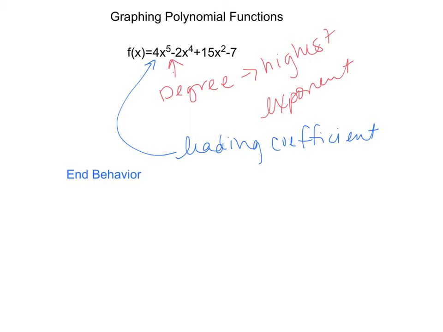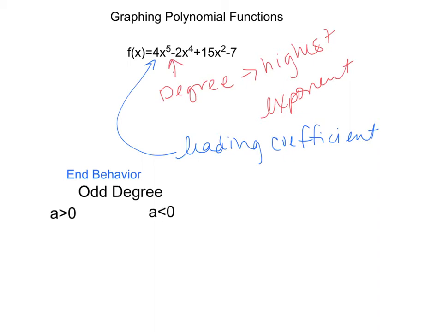Okay, end behavior is going to derive our function. That's really going to show us what it is that we're looking for. And we're going to be using the degree and leading coefficient in order to come up with that. And we're going to come up with this test. It is called the leading coefficient test. And it looks like this.